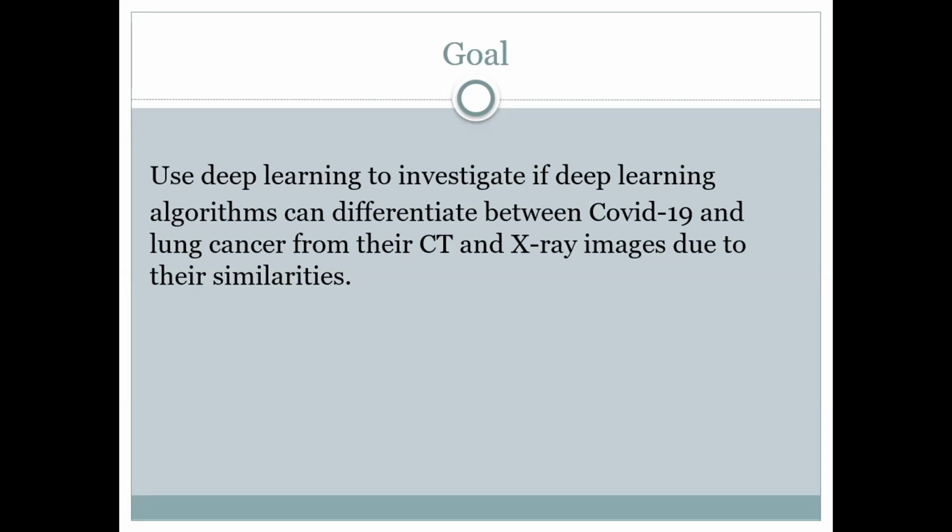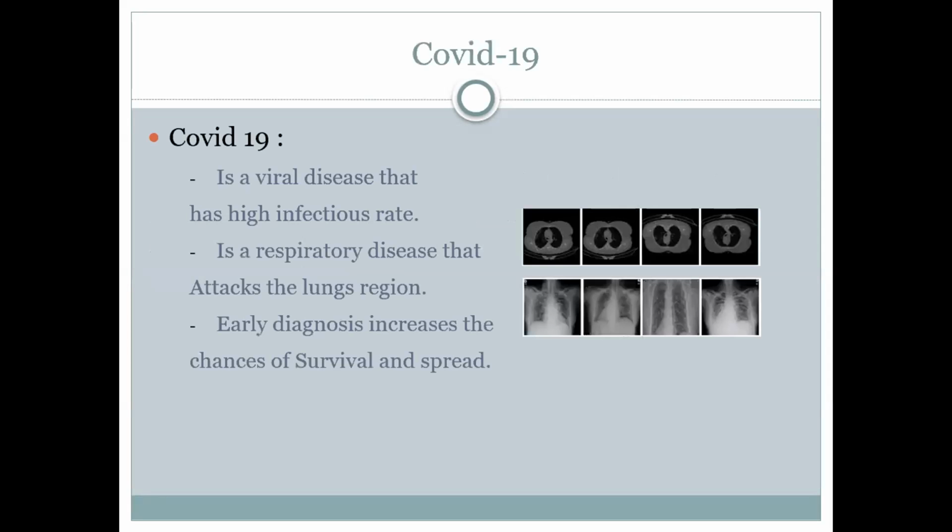We decided to investigate the multimodal effect of deep learning classification on COVID-19 and lung cancer CT and X-ray scans, to know whether it is going to improve the classification, or not result in anything. We also want to see if deep learning can distinguish between COVID-19 and lung cancer, in both CT and X-ray.